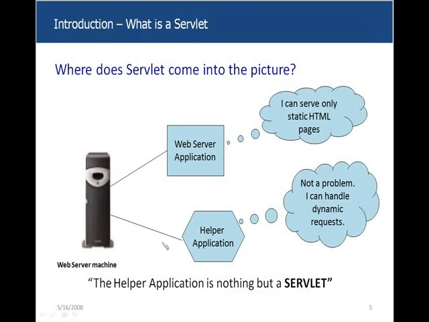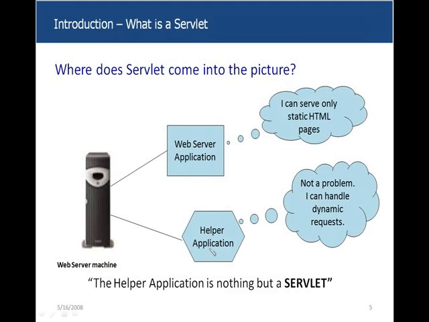You know that the web server application serves static HTML pages. Now when a request comes for a dynamic page from the client, it knows that it cannot serve that request. It says I can only serve static HTML pages. So this helper application comes into play. It says not a problem, I can handle dynamic requests.